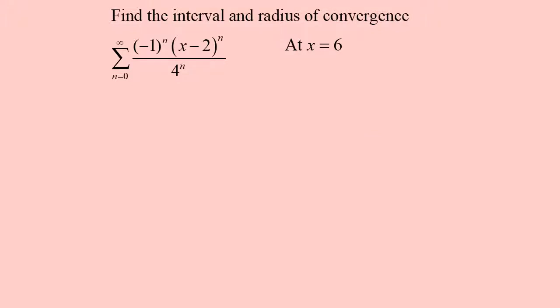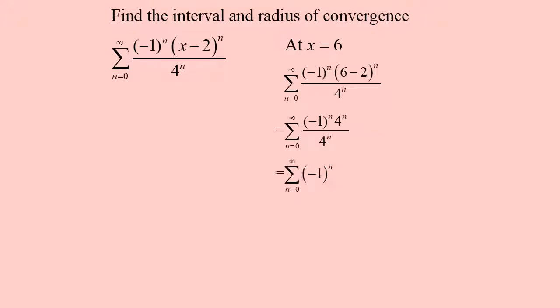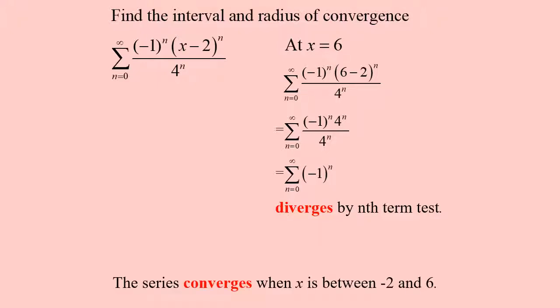And when we use x equals 6, we come up with this, which is diverging also. Therefore, we know that it only converges for the values between negative 2 and 6. And that would be our interval of convergence.